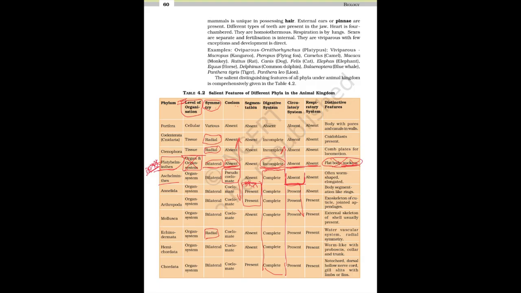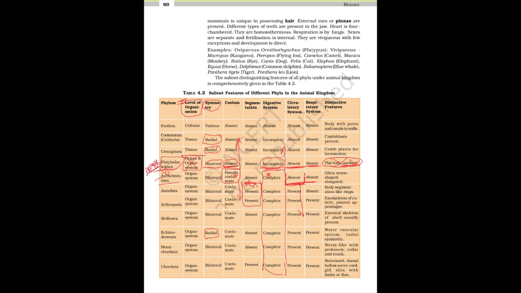What is the difference between Platyhelminthes and roundworm here? Digestive system complete. Coelom is present but pseudocoelomate, but circulatory system absent. So that is the extra point. This point, this and this. So that's Aschelminthes. That's why there is a small difference between them when making the match of the following question. Digestive system complete because it's not a totally endoparasite.